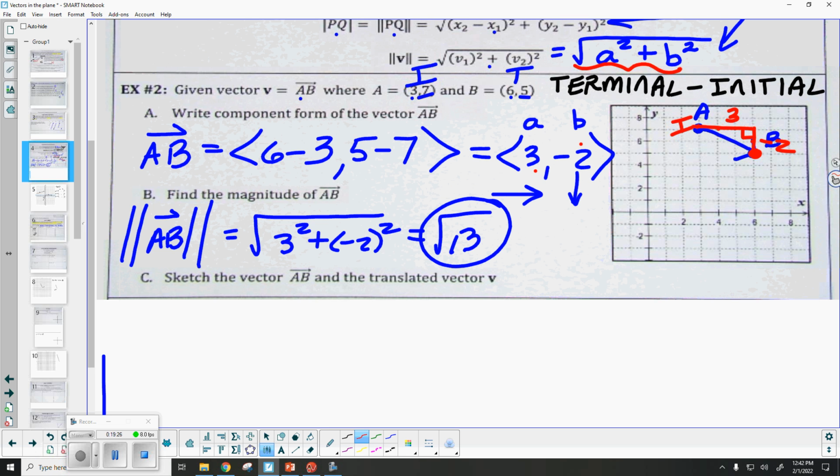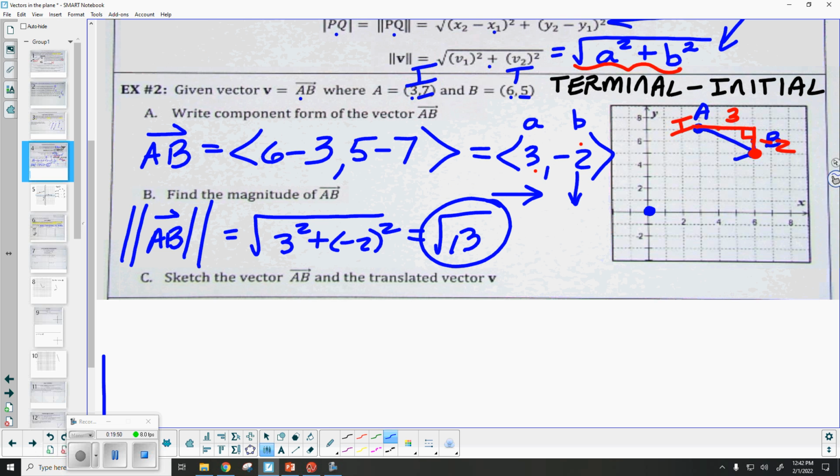Okay, now for part C, sketch the vector AB and the translated vector V. So all they want you to do here is put it in standard position. What does that mean? That means the initial point is now where? At the origin. Okay. Now, I don't want to call this point A anymore because it's at a completely different location, but you can call it A prime, that's perfect.